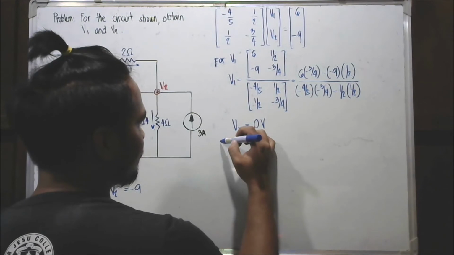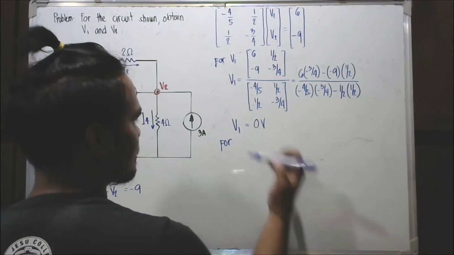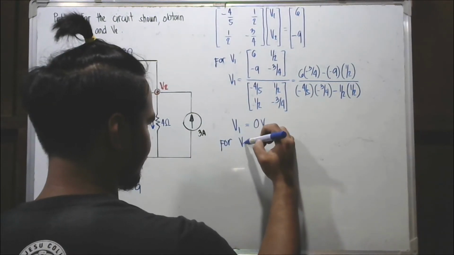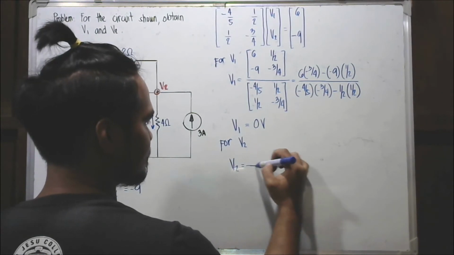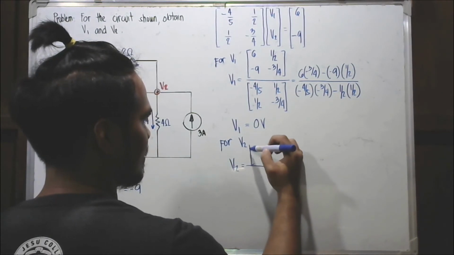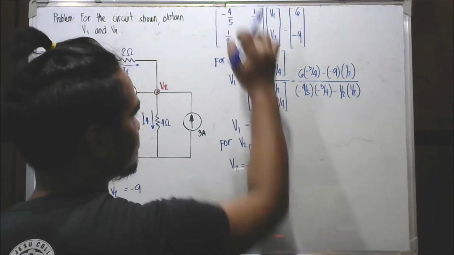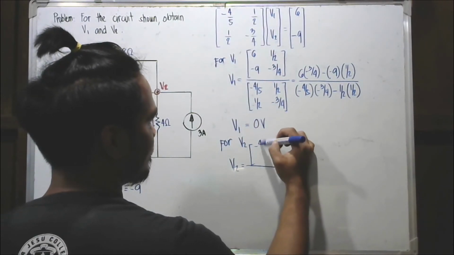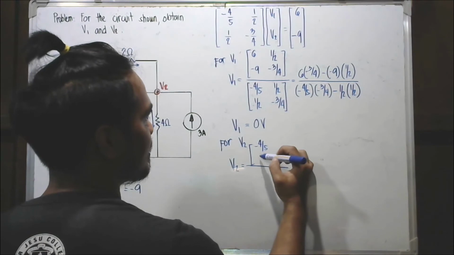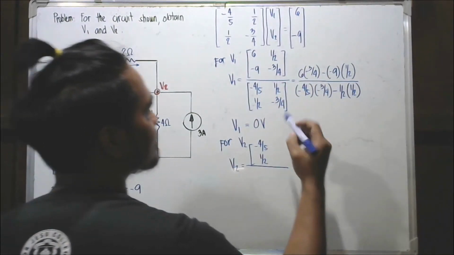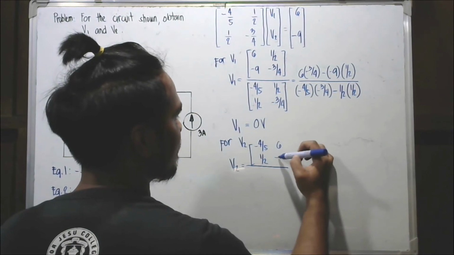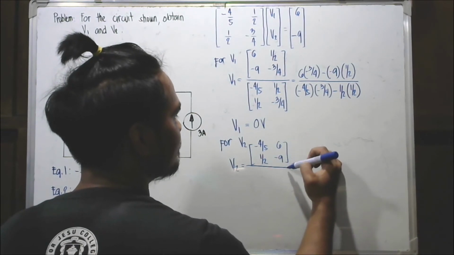To solve for your V2, still by Cramer's rule, so you have V2. Copy the first column, so you have negative 4/5 and 1 half. Replace the second column by your constant values, so you have 6 and negative 9.